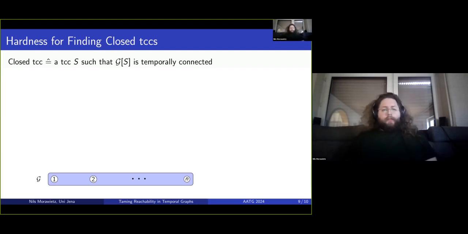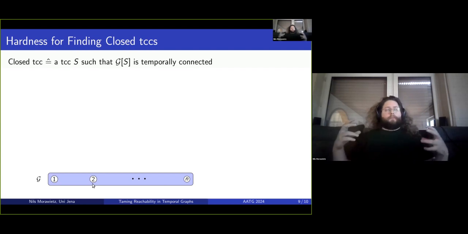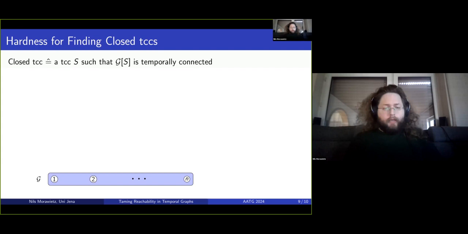And what we do is a self-reduction from this closed TCC problem, where this down here is the original temporal graph from the closed TCC instance itself, and we want to reduce it to the same problem again by applying a connectivity gadget.